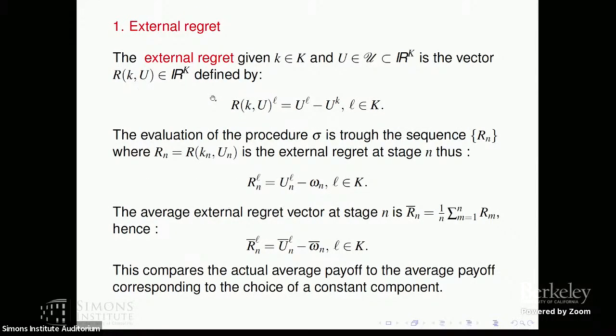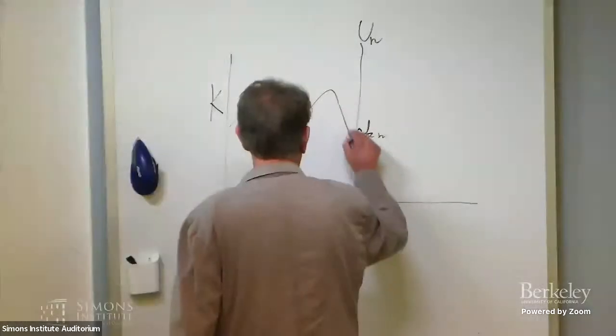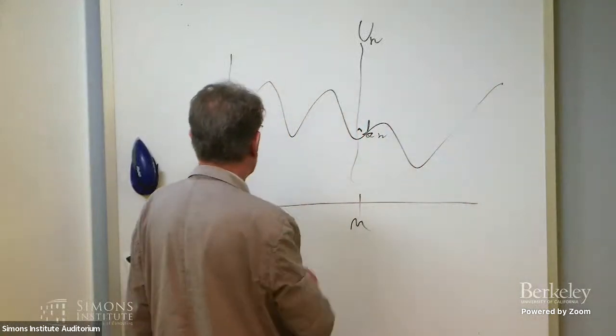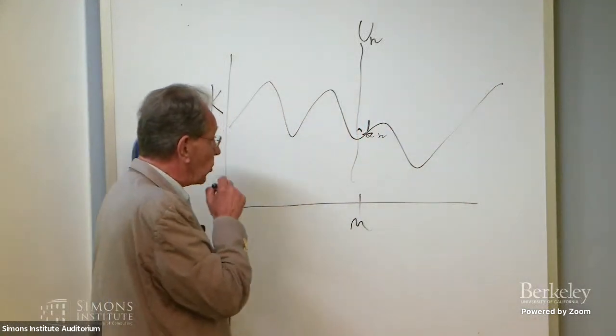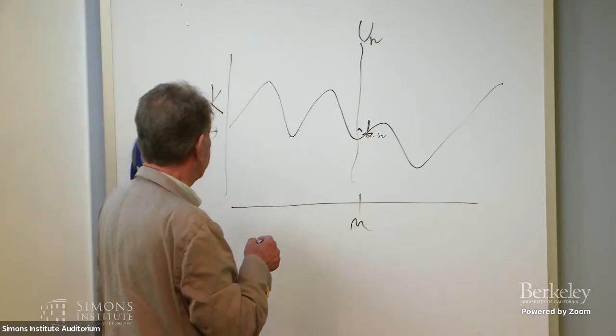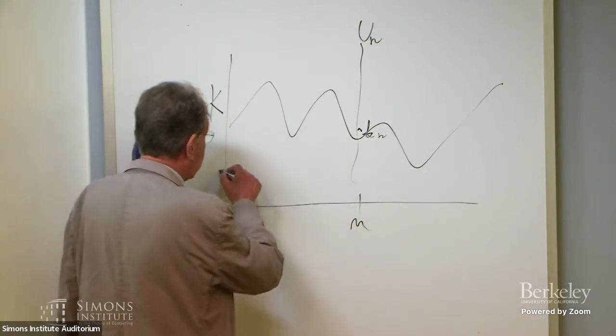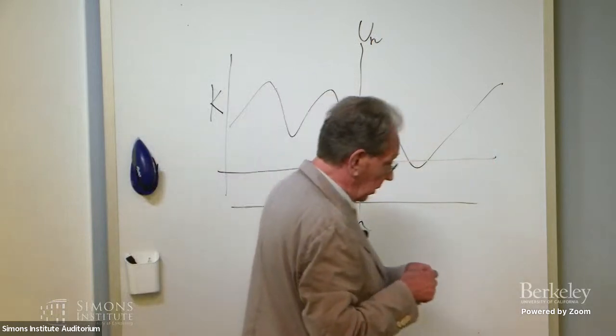So this is called the external regret. This is the choice of the agent. U is a vector. The evaluation of the procedure generated by the strategy is basically a path used over time in this set K, and the regret is the comparison of the payoff along this trajectory to the payoff on any constant trajectory.